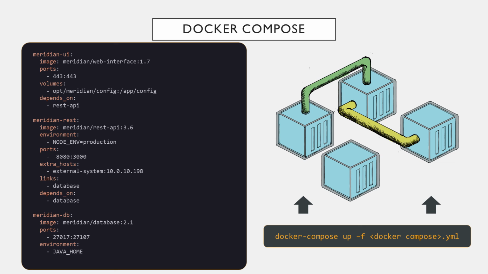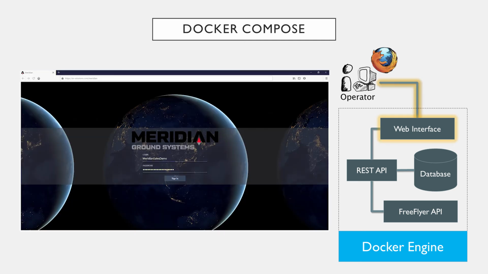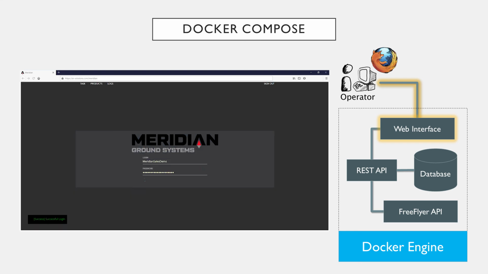So let's see this working for real. Here we see a real example of the Docker Compose up command, which uses a Docker Compose file to tell the system how to start up. Now we go to the URL and we see the login page.